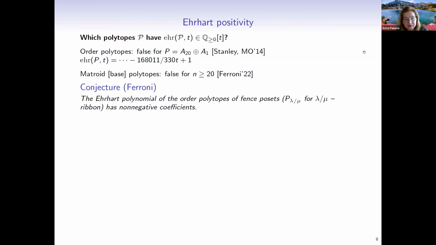But despite the counterexample, Luis was still hopeful that the Ehrhart polynomial of the order polytopes of what are called fence posets, which are exactly the posets corresponding to skew plane partitions when the shape is a ribbon, so it doesn't contain a 2 by 2 square, have non-negative coefficients.